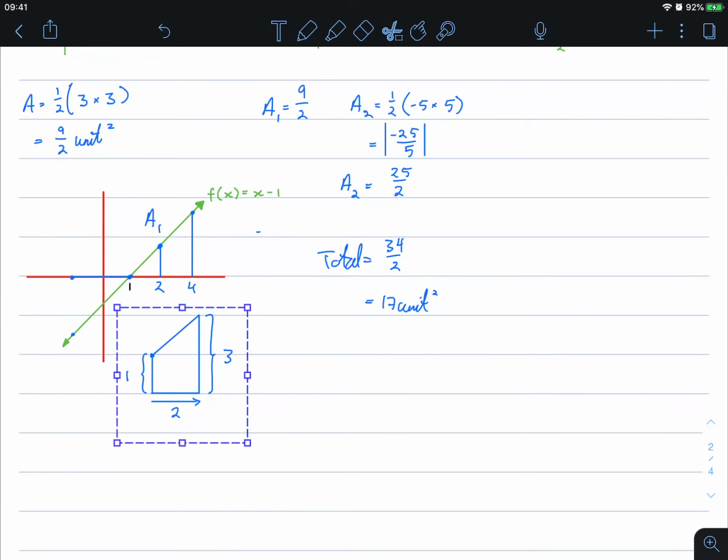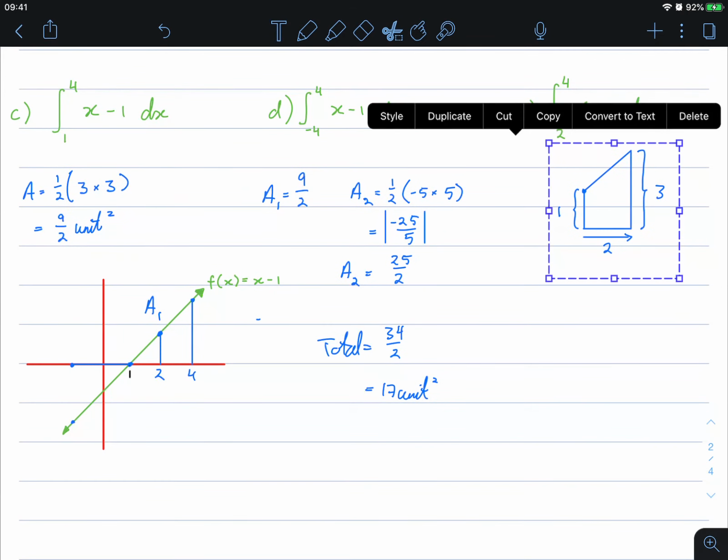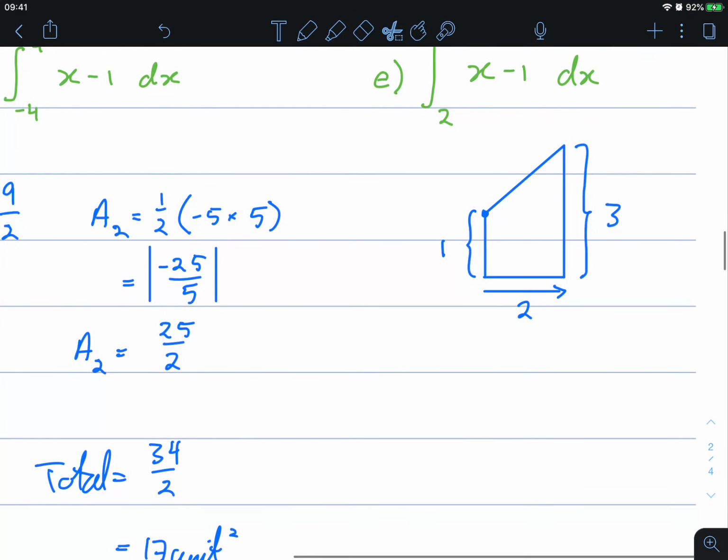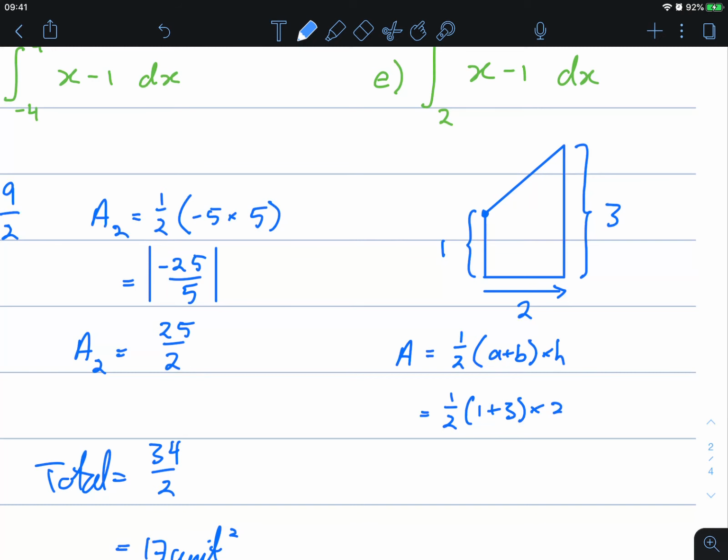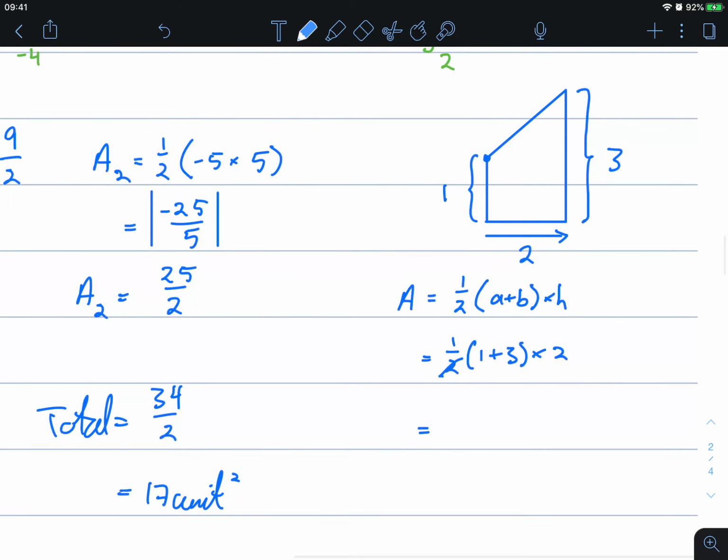Using this shape, we can now find the area that we've outlined here. The area of a trapezium is half a plus b times h, which is half 1 plus 3 times 2. Crossing these 2's off gives us 4 unit squared.